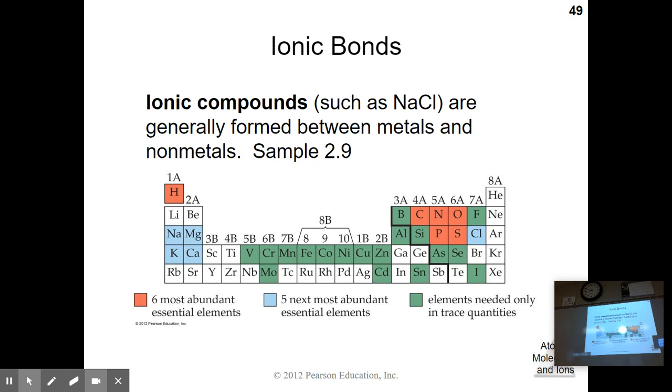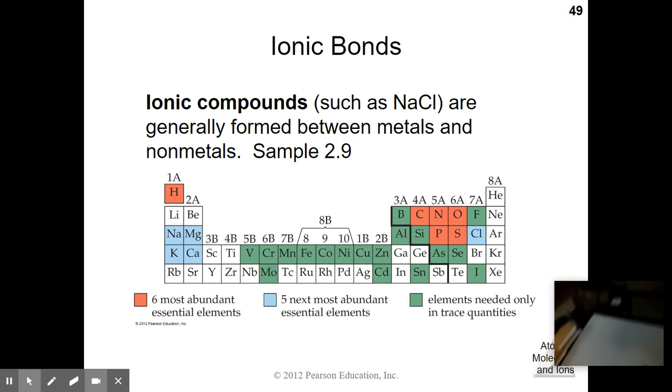So now let's look at oxygen. Oxygen is negative 2. Very good. Now think about this.